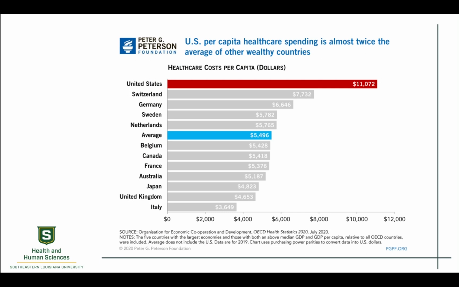So while this course is not going to focus on the health outcomes, one of the things about how much the US is spending on healthcare is that it is not bringing about comparable health outcomes.